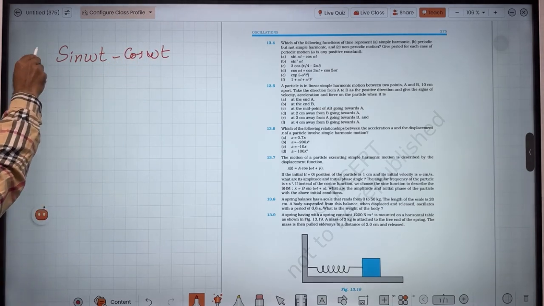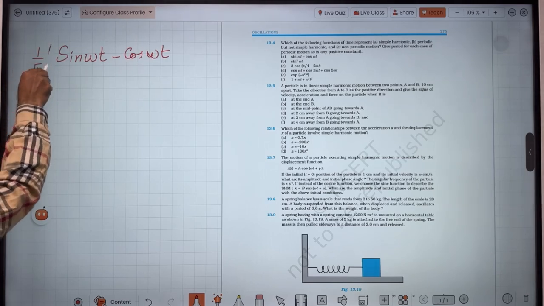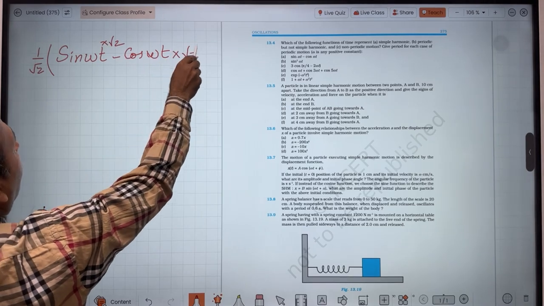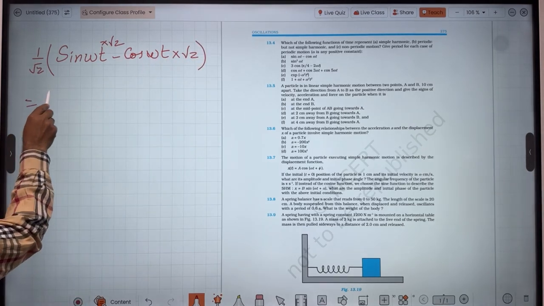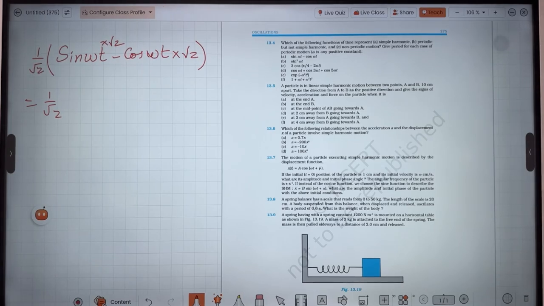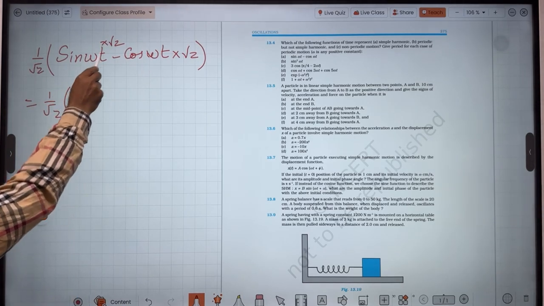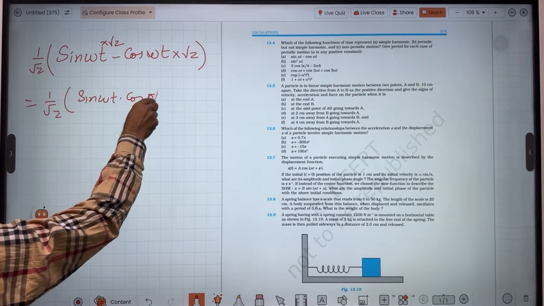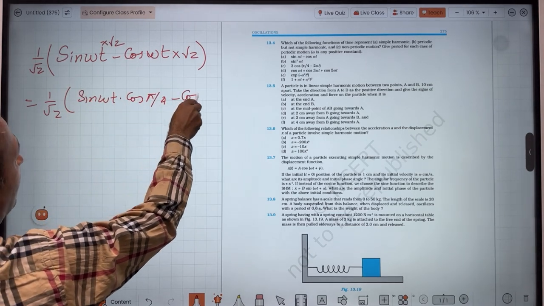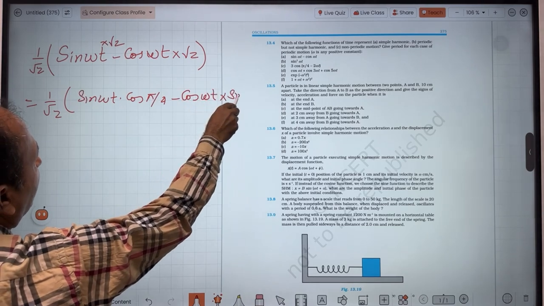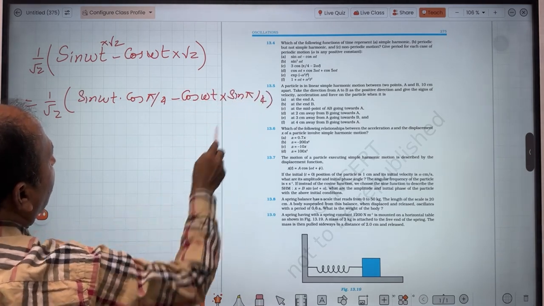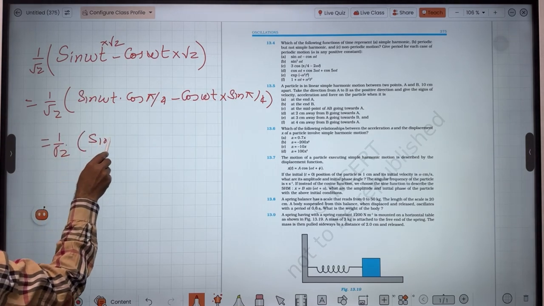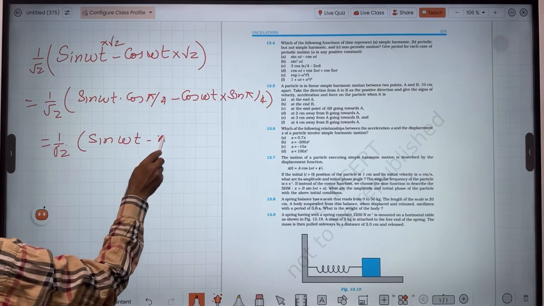So one thing we can do, we write here 1 upon root 2 and we multiply each term by root 2, and then we can write it further 1 upon root 2, and then this can be written as sine omega t into cos pi by 4 minus cos omega t into sine pi by 4, right? So this will become 1 upon root 2 sine omega t minus pi by 4.